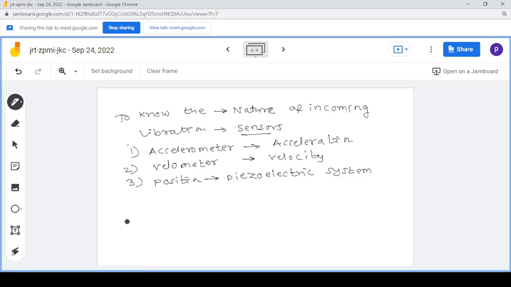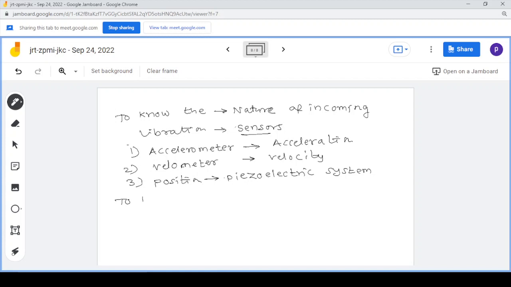Now, these are the sensors that we can use for the incoming vibration, and to neutralize the response which is provided by these sensors, we also need to understand the different natures of the cancellation signal.